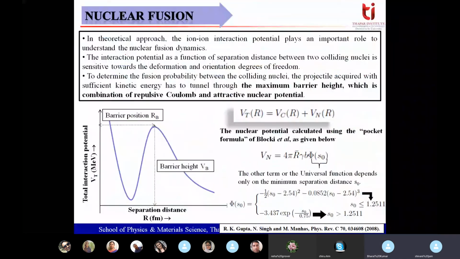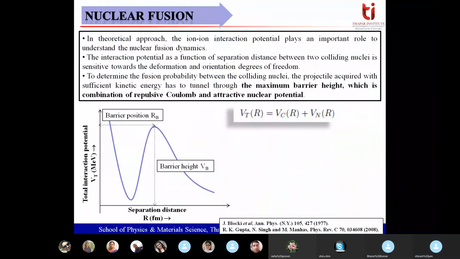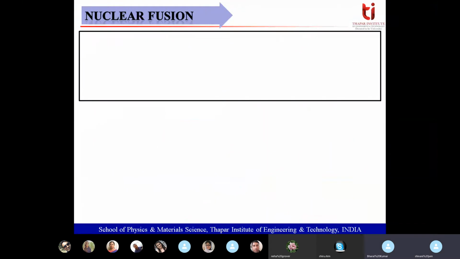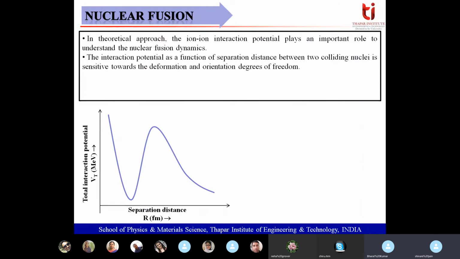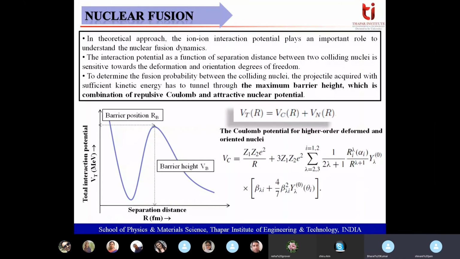Go to the expression for VC. So mostly your calculation depends on VC, not on VN.